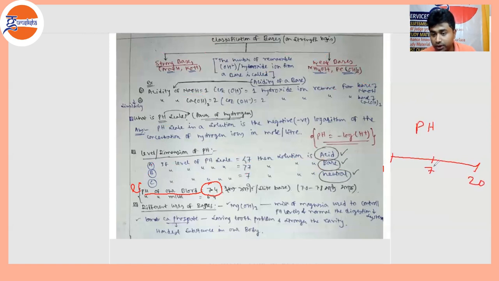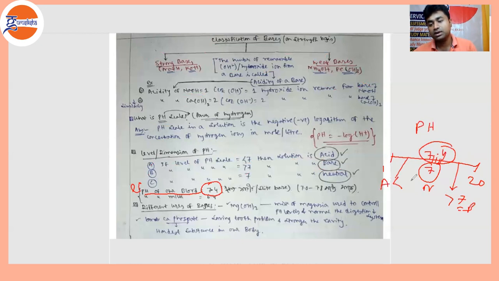The neutral point of pH is 7. And the pH of our blood is 7.4. So in this question, if it is greater than 7, it is called base. If it is less than 7, it is called acid.